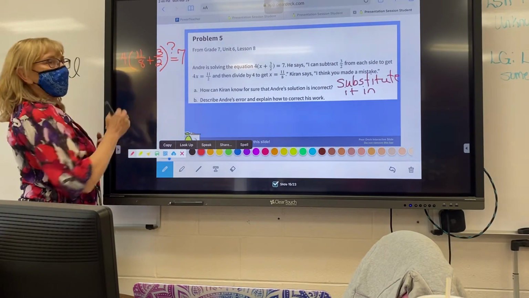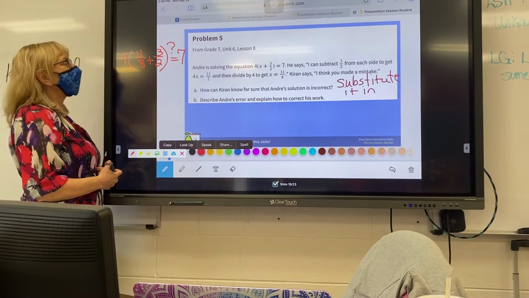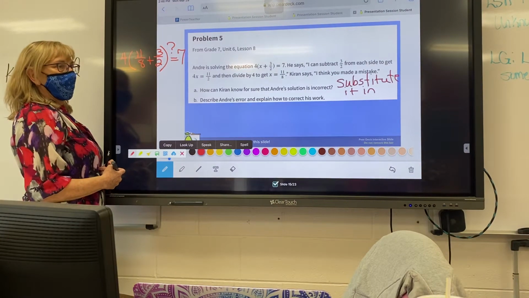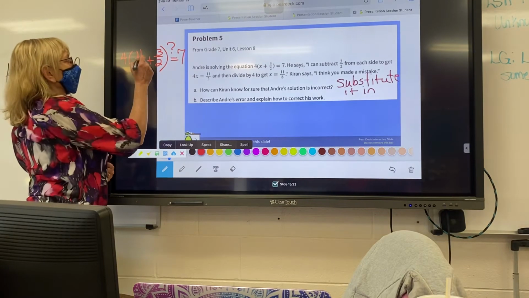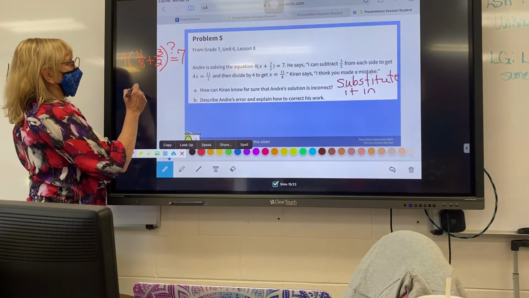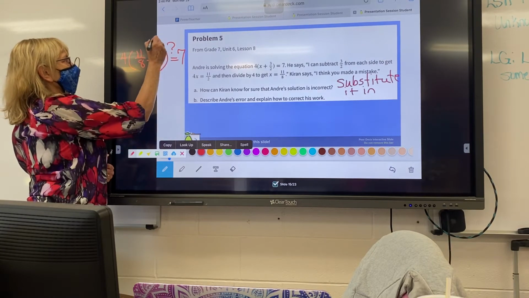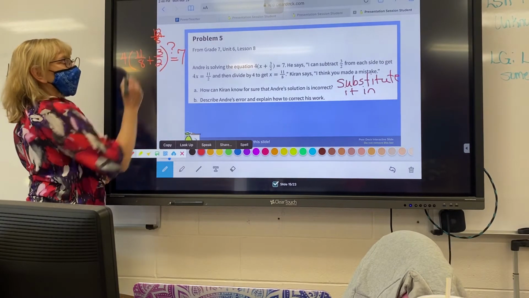What's 11 eighths plus 3 halves? How do we add fractions? Okay, so what's our common denominator going to be? 8. So this is going to become 12 eighths.